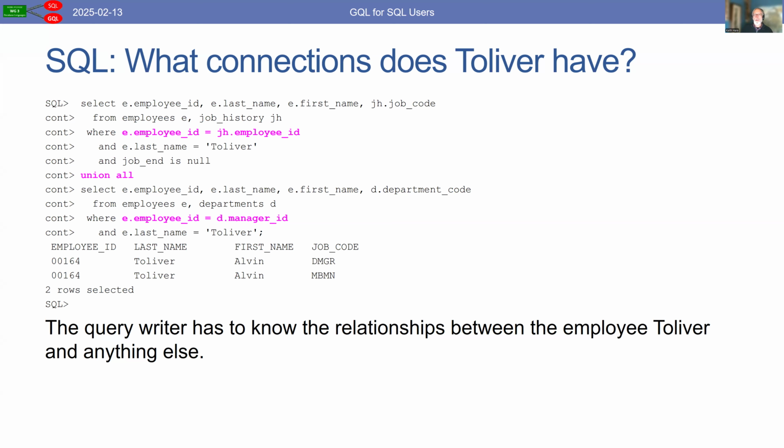So the query writer has to know the relationships between Tolliver and anything else. And then you can write a query that says, give me the stuff with this relationship, union all the stuff from this other relationship.